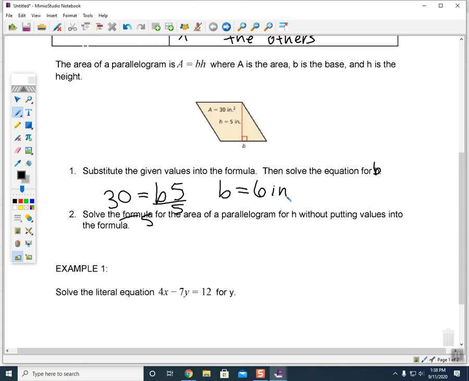Now, what I want to do is solve the equation again, but this time I want to solve for h, for the height, without plugging any numbers into it, okay? So my formula is A equals bh, base times height. I want to solve for the letter h. How do I solve for the letter h?